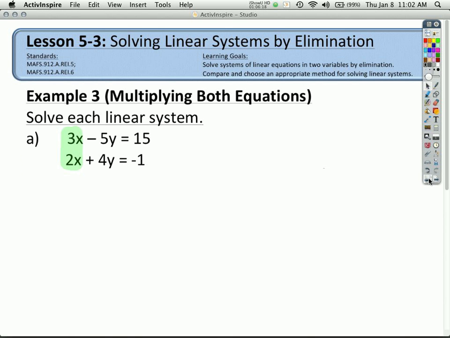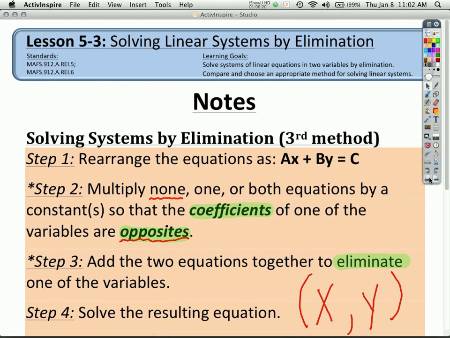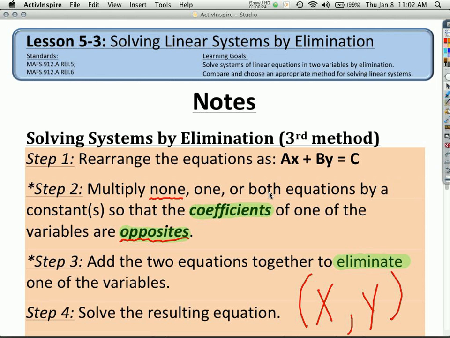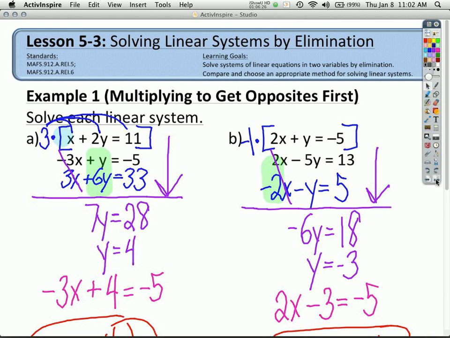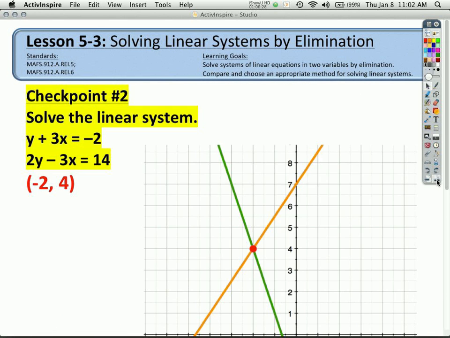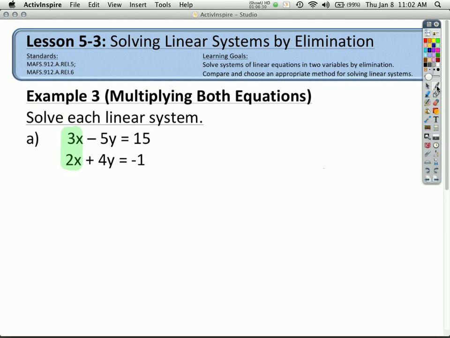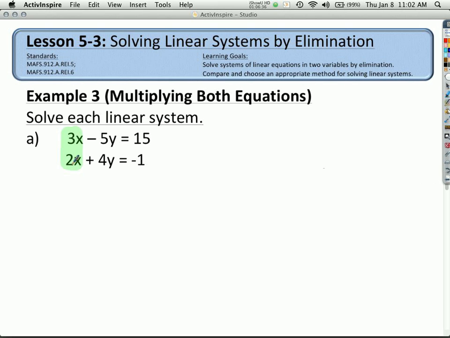You'll notice that way back in the notes, I wrote none, one, or both equations. So let's not worry about multiplying yet. Let's just talk about what is a multiple of both 3 and 2? Give me a number that's a multiple of both 3 and 2. Diane? 6.